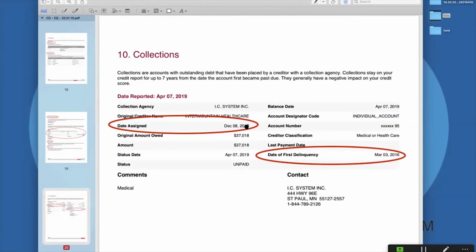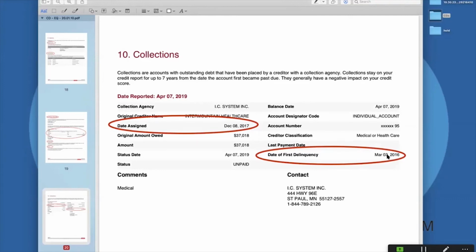Now, what's interesting that we got to understand is that in this process, these have to be deleted 90 months from this date, the date of first delinquency that led to it becoming a charge-off or a collection. So this would naturally fall off the report, paid or unpaid.